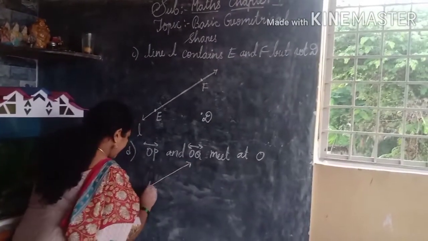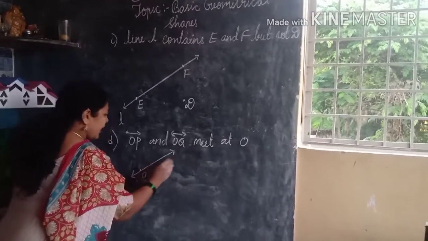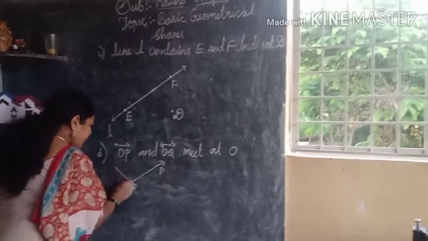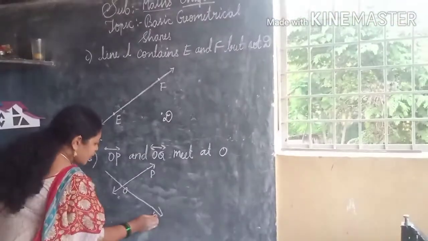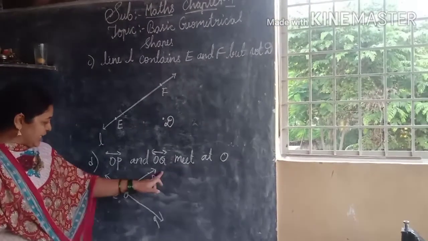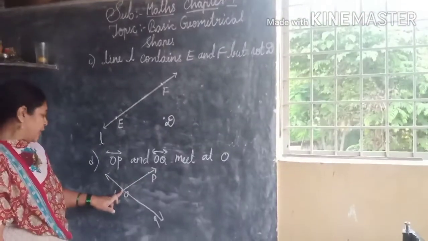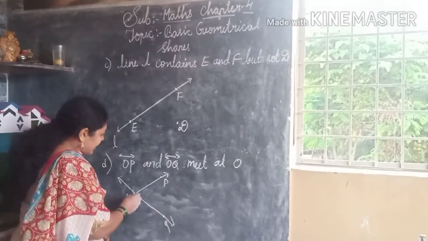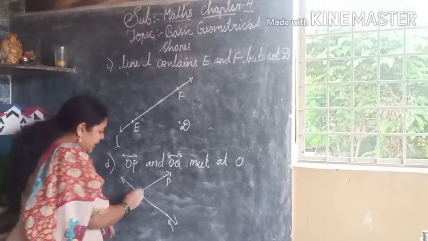Let us take OP. Here we have O and P. And also OQ. See here we have OP. That is the only meeting point of OP and OQ, and they meet at O. Both have to meet at O.